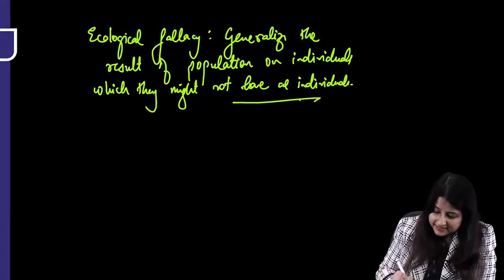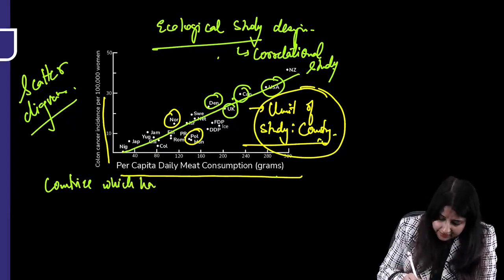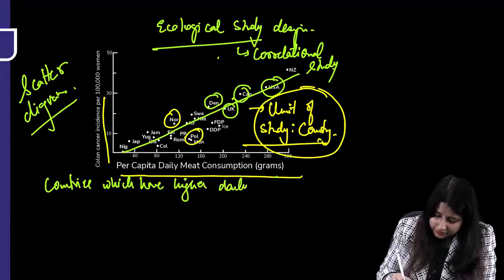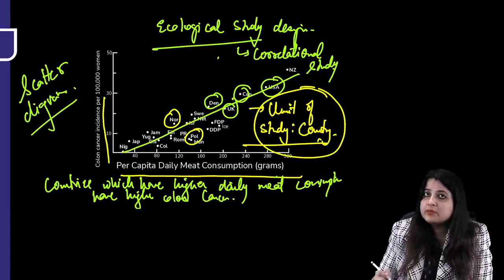What do I mean by this? See, here it was said that countries which have high daily meat consumption have higher colon cancer. But what is the problem with that?